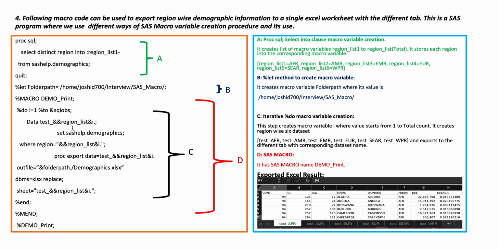That means the dataset name becomes test_AFR because we have selected here region AFR, and the folder name we are exporting into is this, and the sheet name is the same as the dataset name. Similarly, when I equals 2, it resolves to the second region, which is AMR, and the dataset name becomes test_AMR, and the tab name is test_AMR.